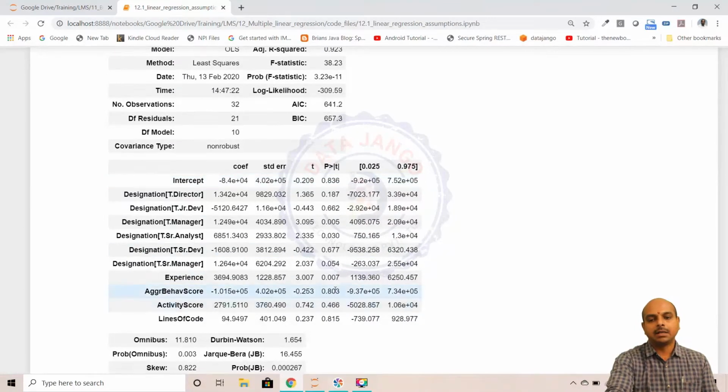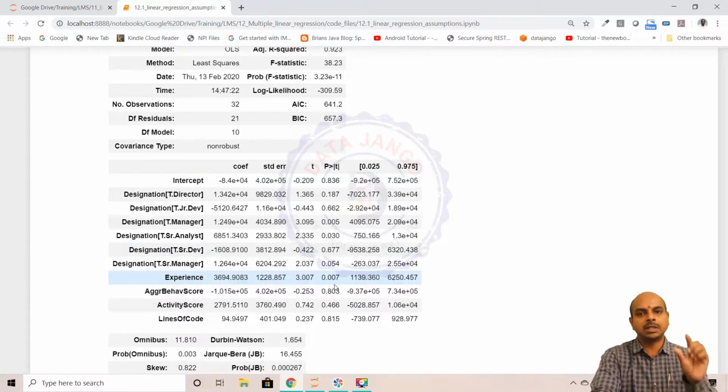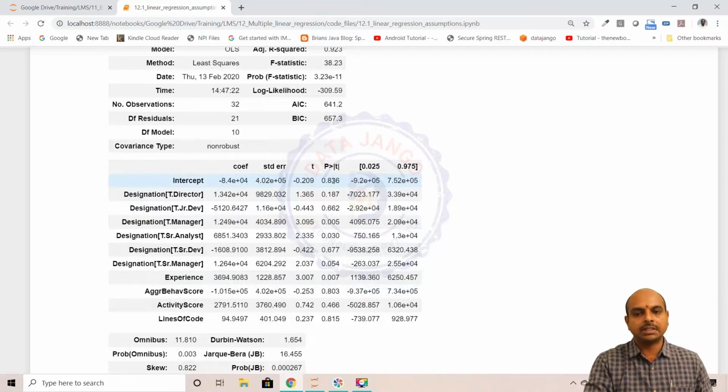I said when we understood simple linear regression and multiple linear regression in a nutshell, I explained that if the p-value is less than 0.05, the feature is important. If the p-value is greater than or equal to 0.05, we say the feature is not important. If you look at the p-values here, for the intercept, the p-value is greater than 0.05.